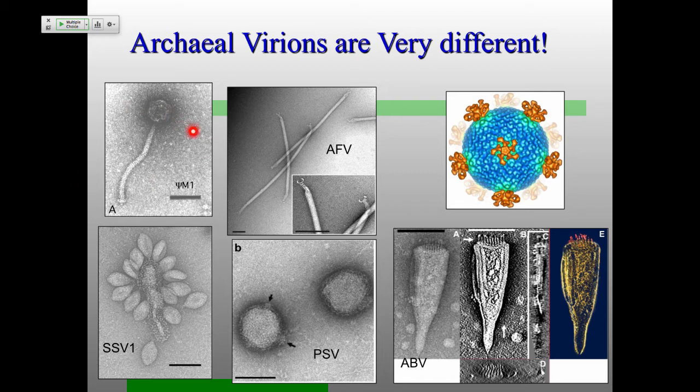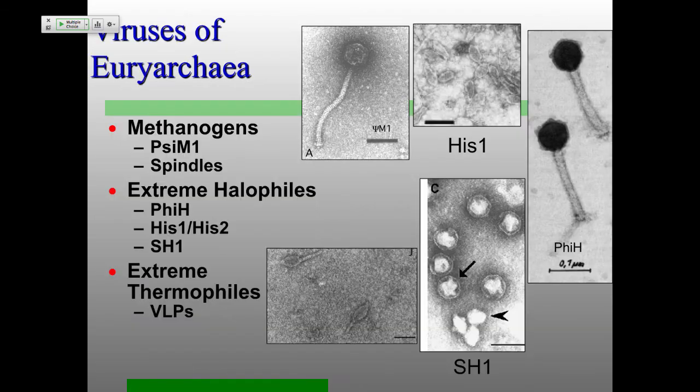This boring guy over here, FIM1, is a virus which infects the methanogens. Turns out that this structure is extremely similar to lambda, and the genome is quite similar to lambda as well. And then our favorite, this is the SSV1 virus, the Fuselloviridae virus that we're going to spend quite a lot of time talking about later on. But first, to emphasize how boring the viruses of Euryarchaea are, these are just a few micrographs of some of these virions.